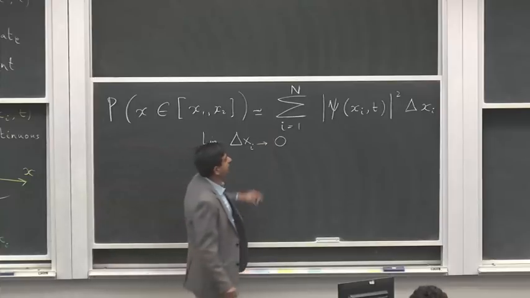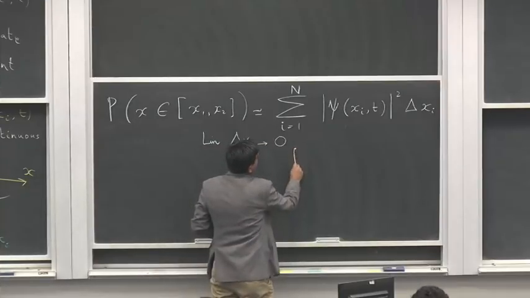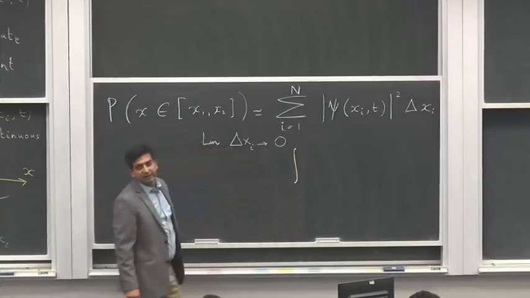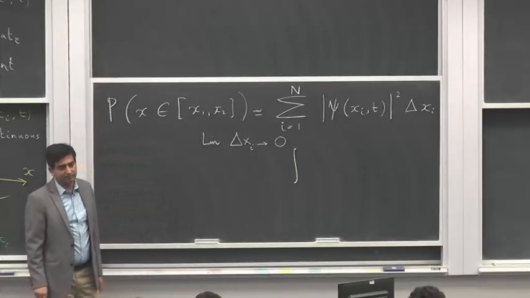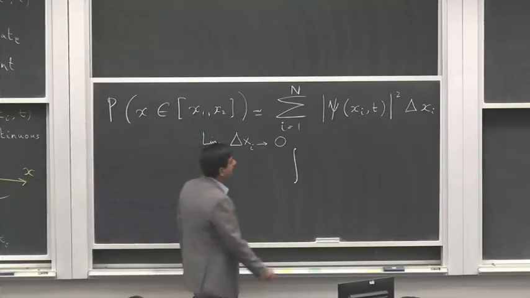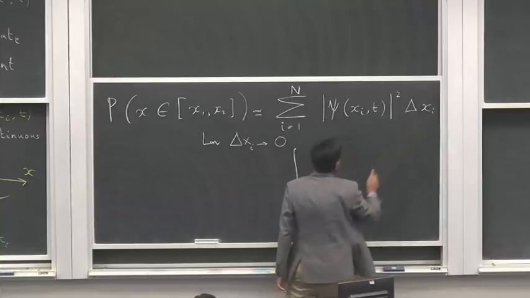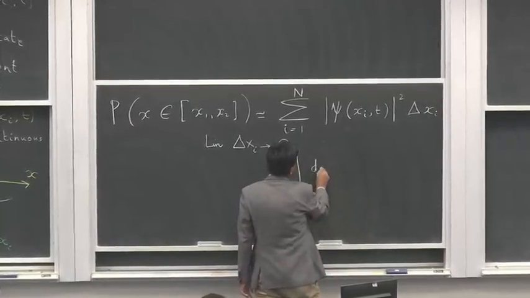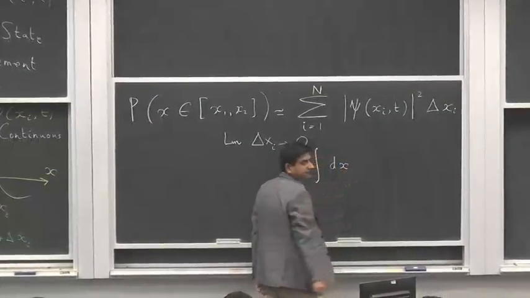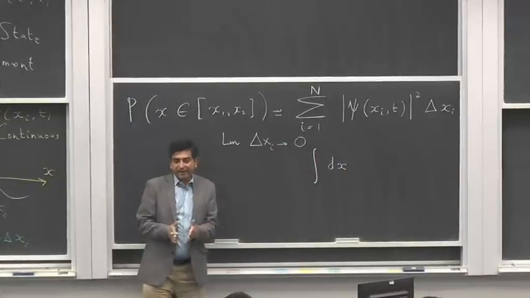And this summation can then be written as an integral. That's the meaning of an integral. So instead of this delta xi, I could write dx, a small interval x.